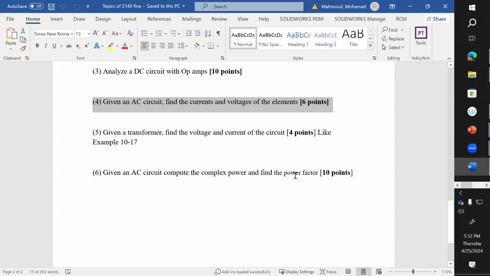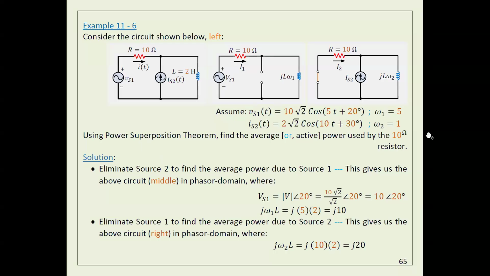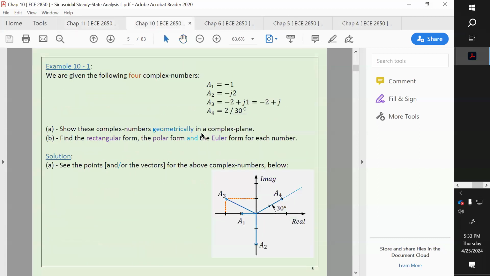The last, I think here, there will be a question on transformers. We did not teach a lot on transformers, but I can tell you there is one example. The test will be even easier than this example. You need to understand.